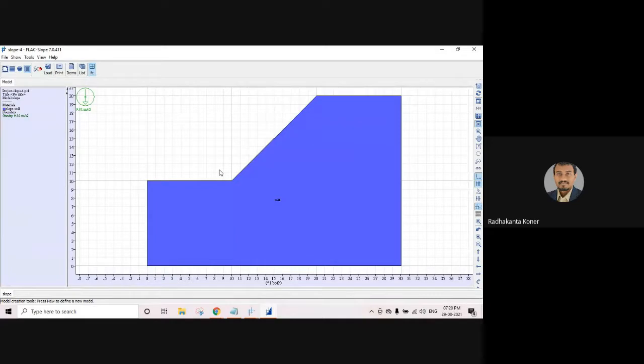Then you will forcefully make the solution reach an equilibrium state by changing the convergence criteria itself.